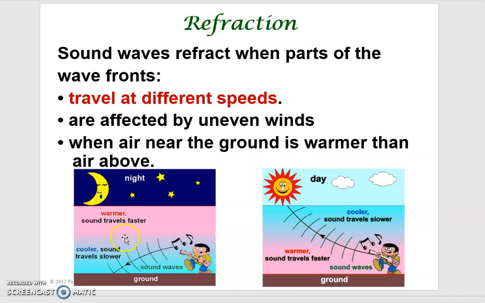So let me use the following two pictures as examples. First, during the night, everyone can experience that the temperature near the ground surface is much lower, and on top of the atmosphere, it is warmer. So you will ask, what happens? How does this affect the propagation of the wave?